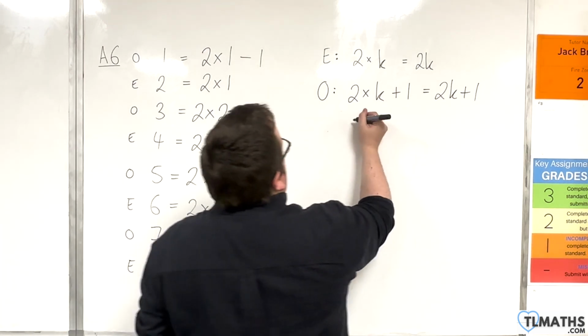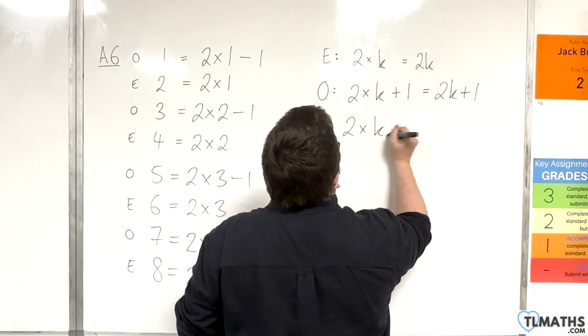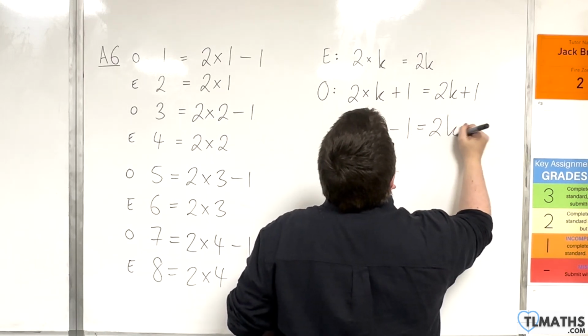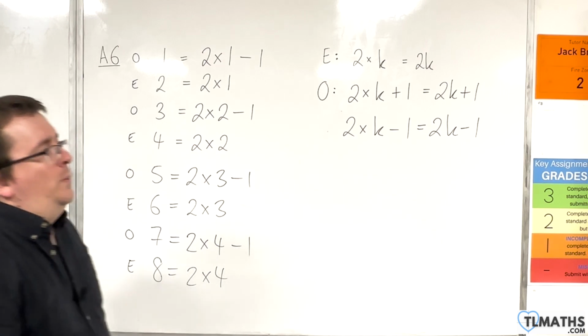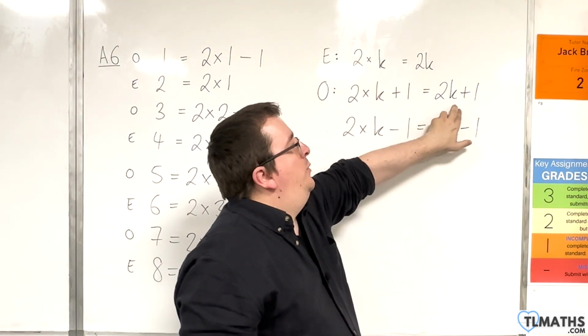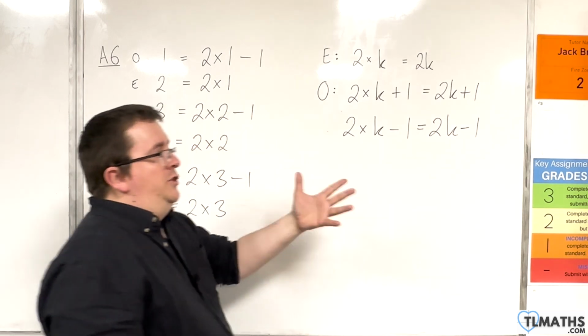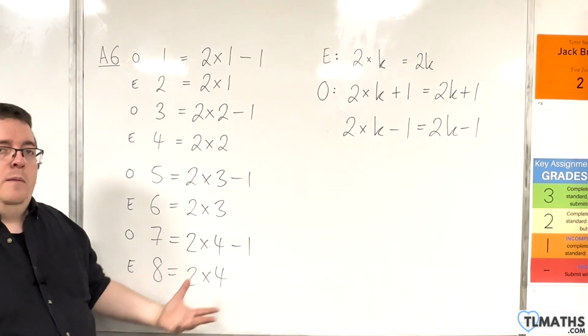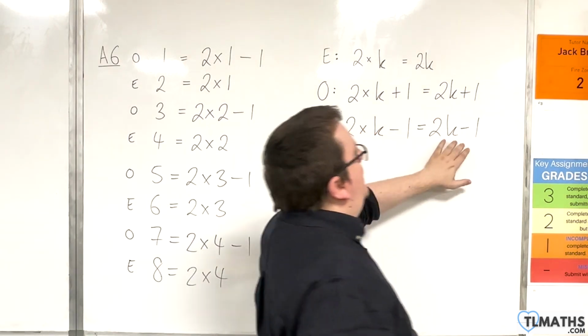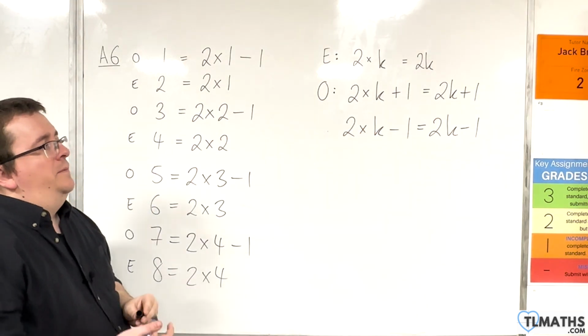So I could write this as 2 lots of some integer, take away 1. So 2k minus 1. So we know that if 2k is even, then 2k plus 1 and 2k minus 1, I should say, are both odd.